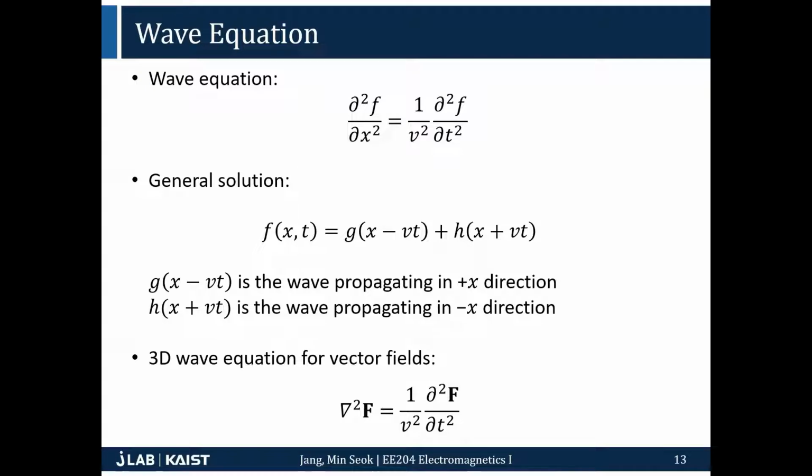The wave equation is composed of a second order derivative along the space coordinate, and then a second order time derivative, right? This bottom one is the wave equation for vector fields.